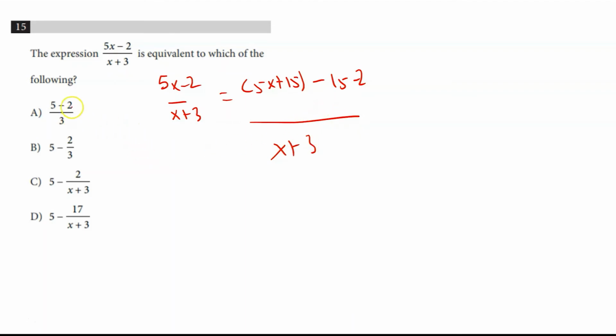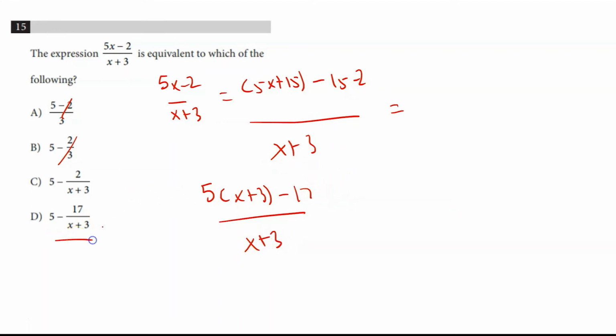This already eliminates our first two choices. So if we simplify this, we have 5 times quantity (x plus 3), because we have that in the denominator, it's always good to cancel, minus 17, minus 15 minus 2 is minus 17, over x plus 3.